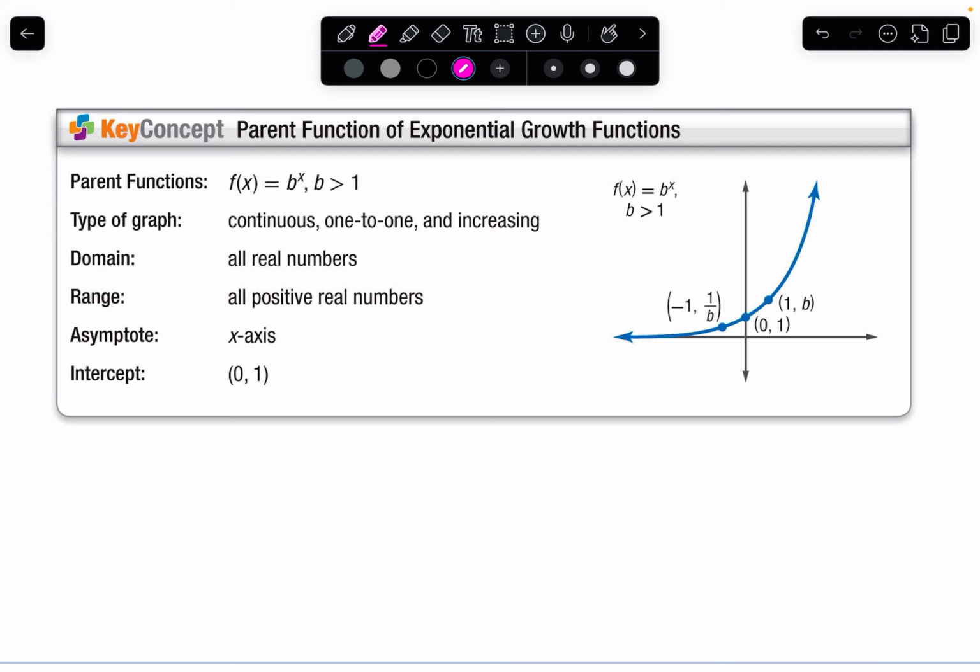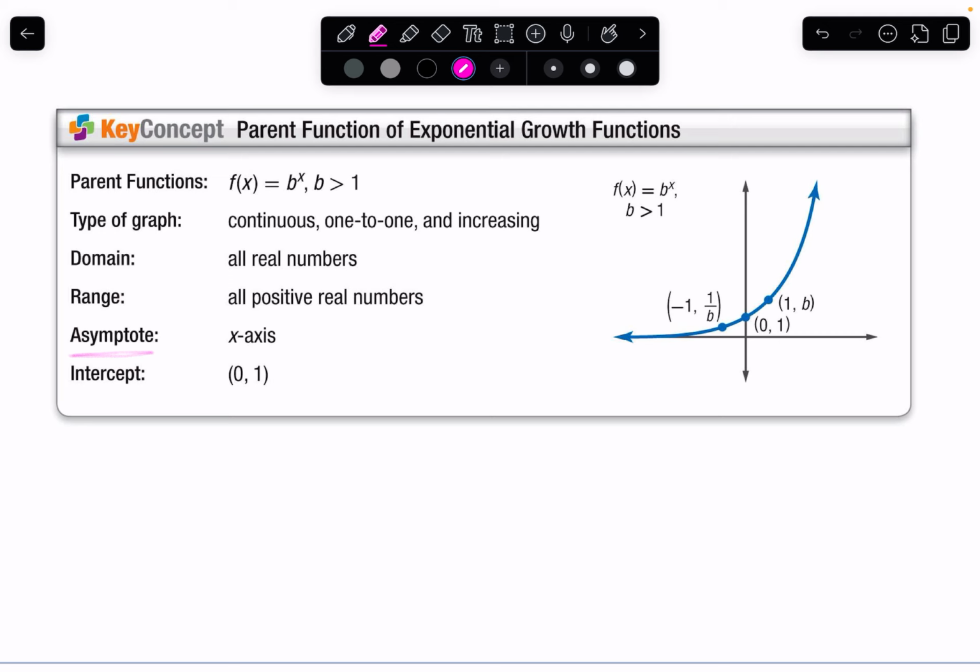The other thing that we have not talked about a whole ton is what an asymptote is. An asymptote, and in this case it's the x-axis, is the number or axis that your graph is getting really, really close to, but it's never actually going to touch.